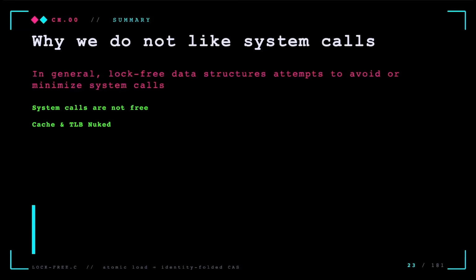The reason is that system calls are not free. When you're executing a system call, such as lock, your program will halt execution. The CPU is going to stop your program, switch into kernel space, and start executing what the lock is actually doing. So realistically, your program is halted until the lock function executes.